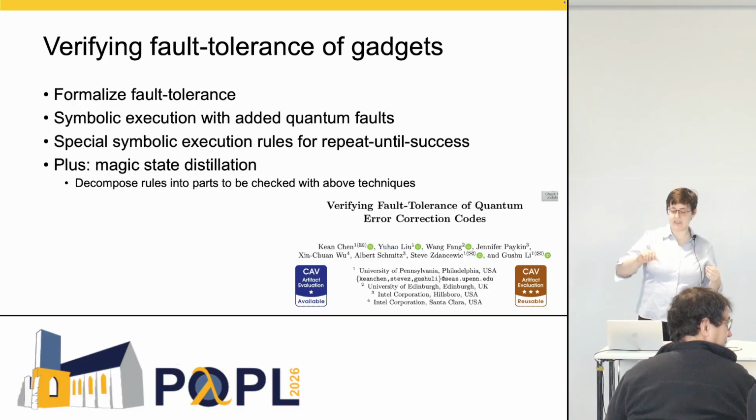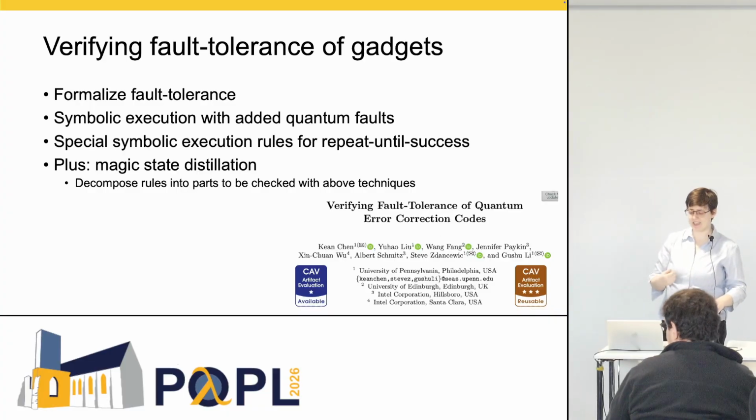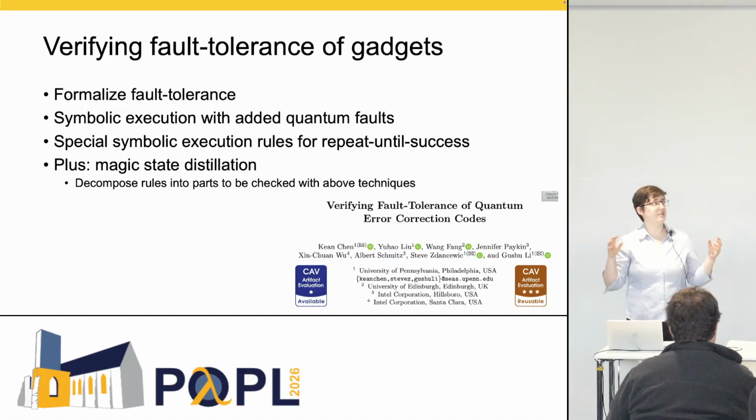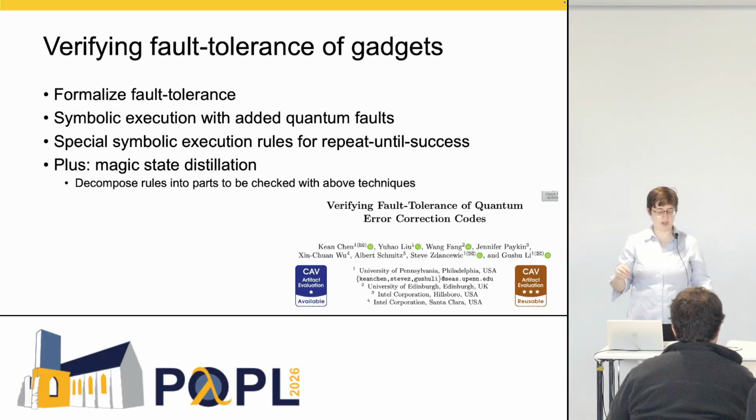And as an additional case study within this paper, we talk about magic state distillation, which is a protocol that builds upon fault-tolerant primitives in order to produce certain states in a fault-tolerant way.